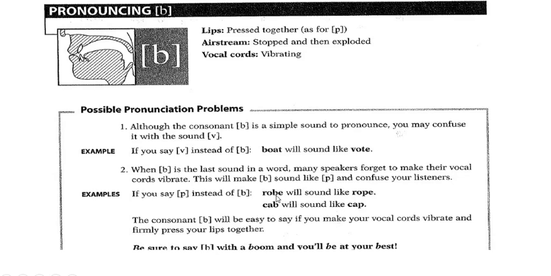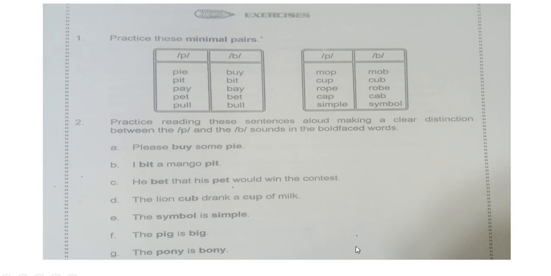This one is voiced, this one is voiceless, because we have here the B, we have here the P. In this case the P is pronounced P, and in this case, with the B, it is pronounced B. So the consonant B will be easy to say if you make your vocal cords vibrate and firmly press your lips together. He says, be sure to say B with a boom and you will be at your best. Yes, exactly.